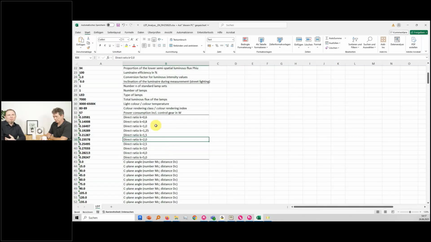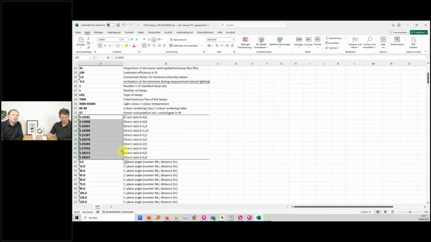And this is in this K value. K is also quite easy to calculate, and here you can see the direct ratios. This is quite helpful if you want to calculate illumination levels manually, but it's not used anymore, I guess. So it's really old school. And in the past we also had these values for luminaires on data sheets.